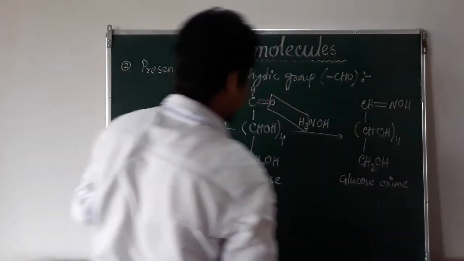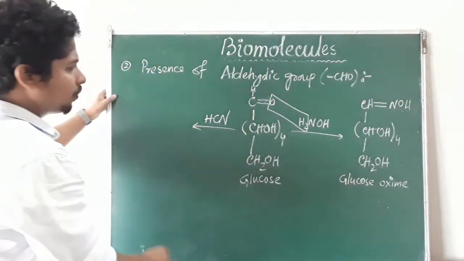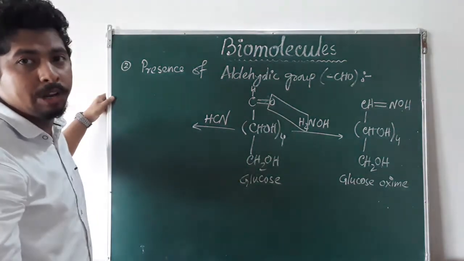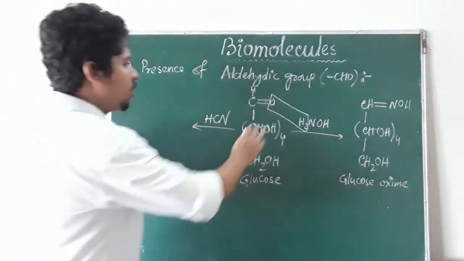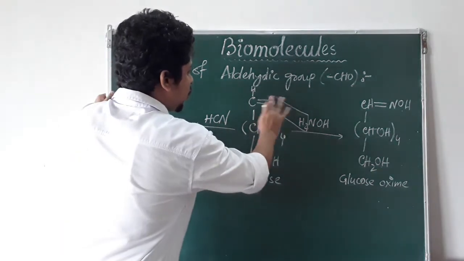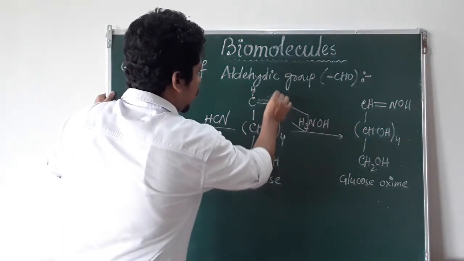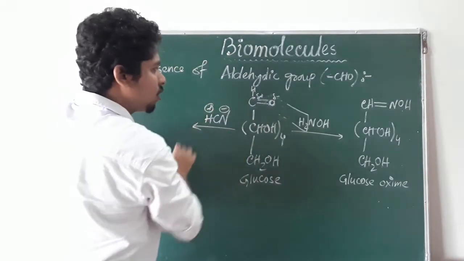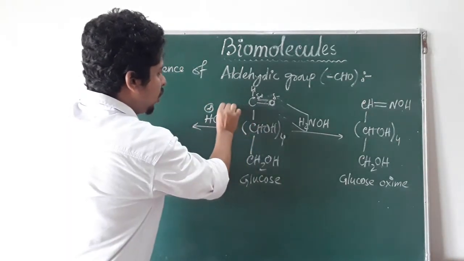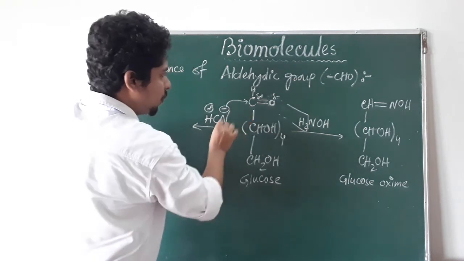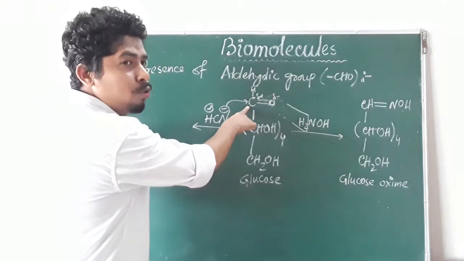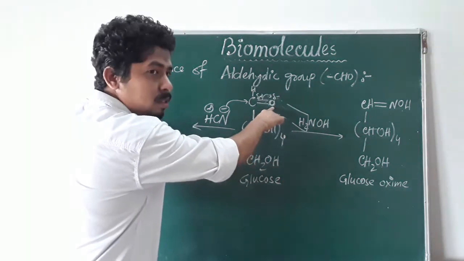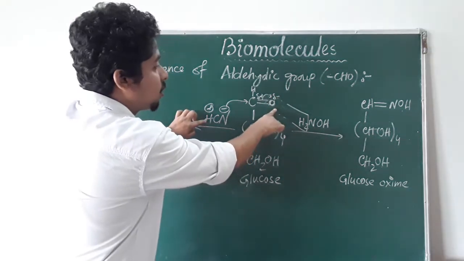Now you see this glucose on treatment with HCN will form cyanohydrin. How will it form? Here you see this is delta minus, this is delta plus. This CN minus will attack this carbon, so the valency of this carbon will increase. So it will shift this pi bond towards oxygen, so it will become O minus. This O minus will take this H plus, so it will become OH.